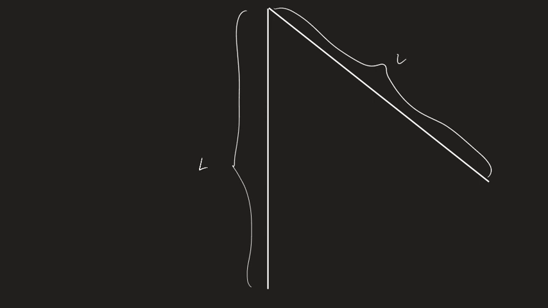So I've ensured that I have a line that is the same length both times. If you're trying to draw this, pick a length and draw the same length line twice. This is L, and so is that.